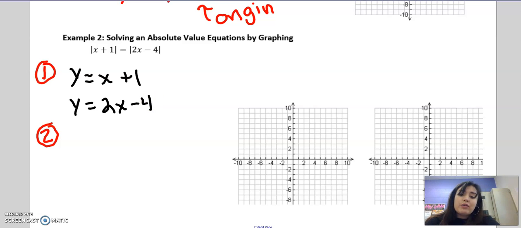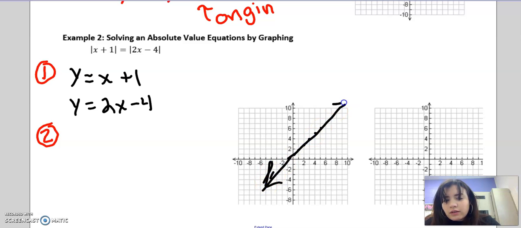So that's just like above, we're graphing it. We're going to go to 1, plot our point. It's a positive x, positive 1x. We're going to draw our line. Now we're going to our second set.